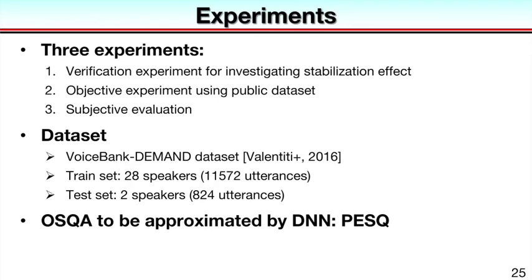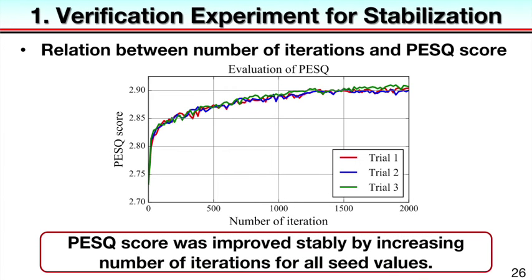In all experiments, we utilize the Voice Bank DEMAND dataset. The train and test sets consist of 28 and 2 speakers, respectively. As an example of OSQA to be approximated by the DNN, PESQ was considered in these experiments.